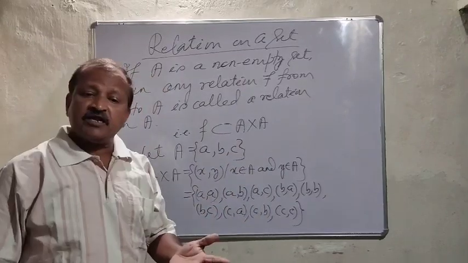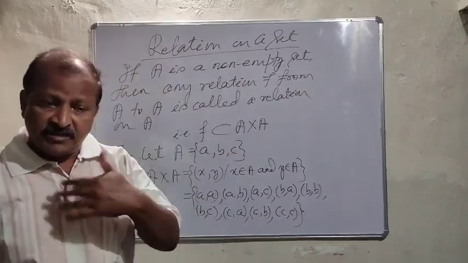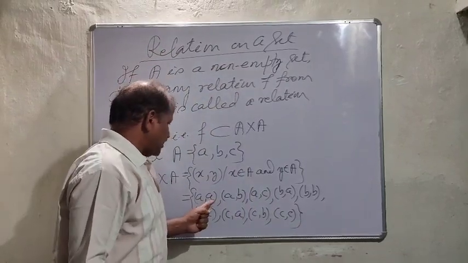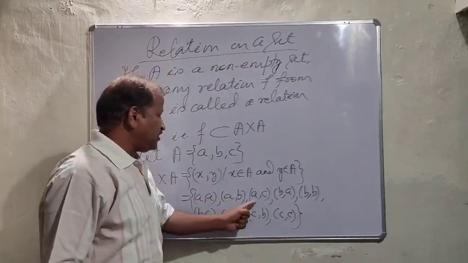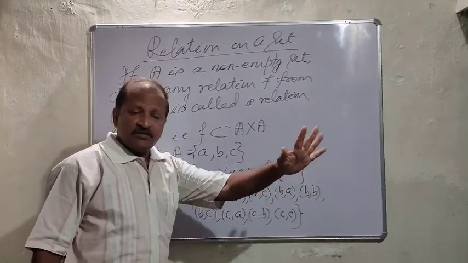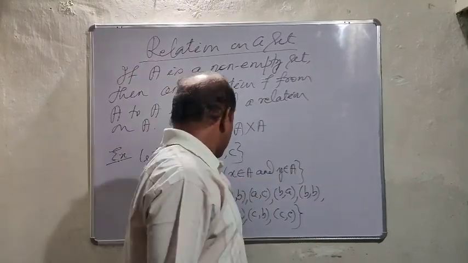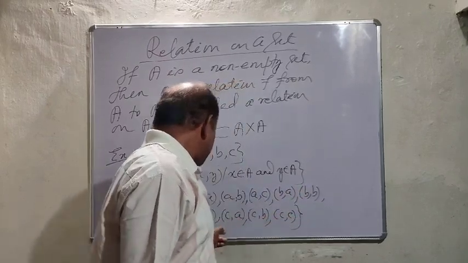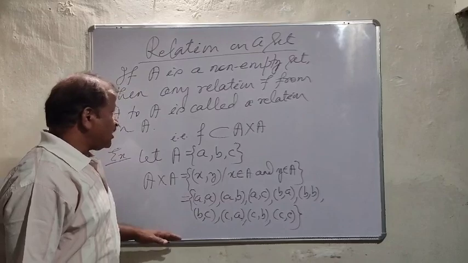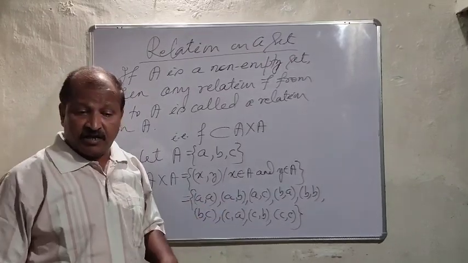A Cartesian product A will have 3 into 3, that is 9 elements. You see, there are 9 elements: (a,a), (a,b), (a,c), (b,a), (b,b), (b,c), (c,a), (c,b), (c,c). Okay, this is our A Cartesian product A.